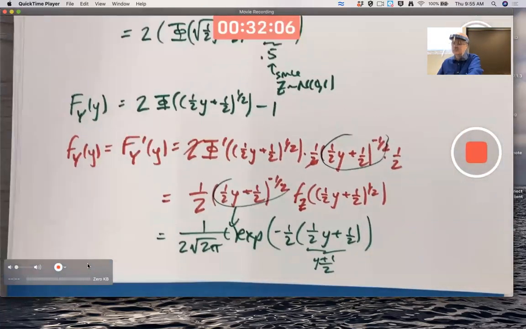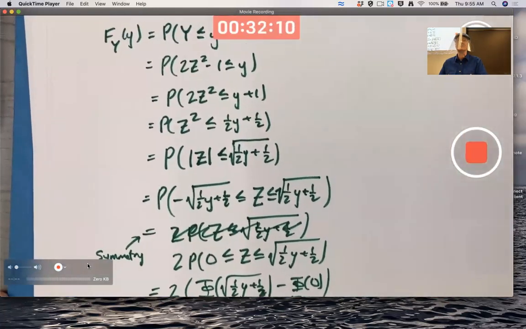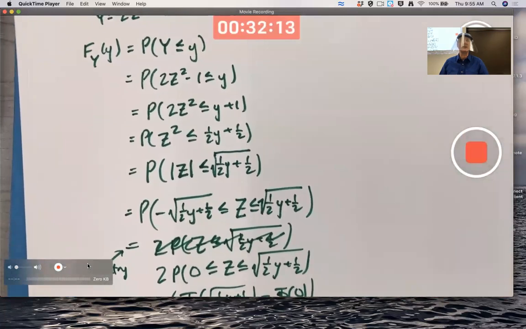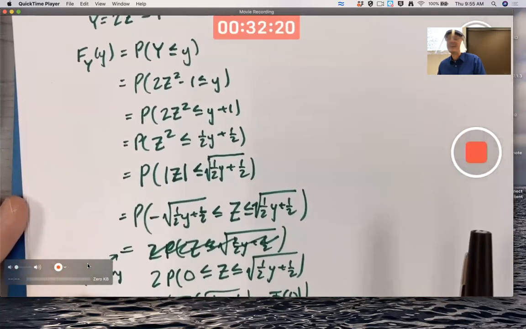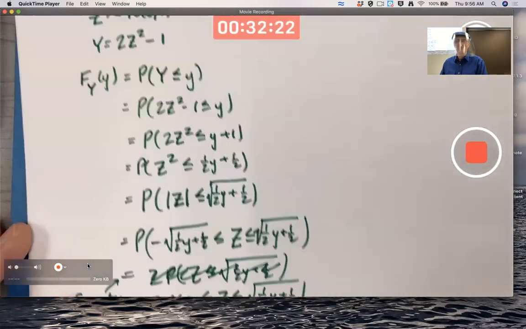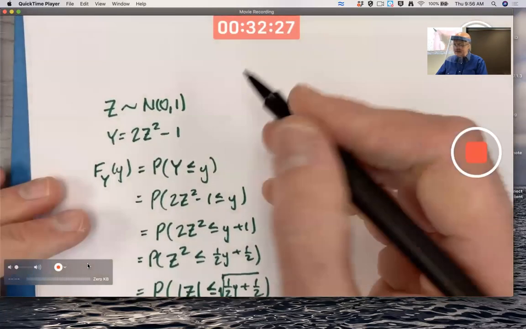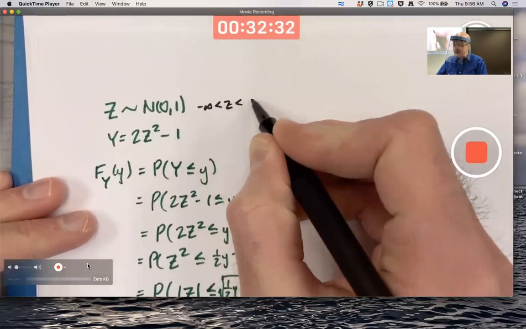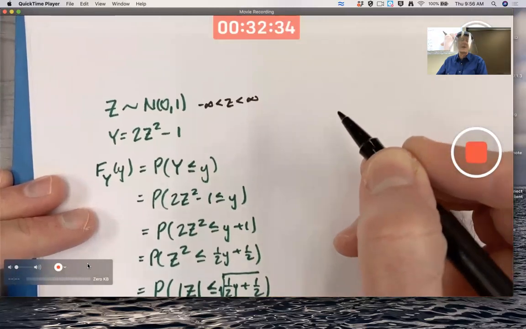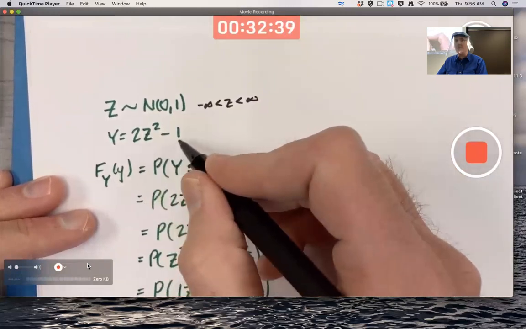Domain. Domain is important, as we're learning in this class, right? Piecewise functions, domains. You learn about it in pre-calculus. You wonder, why do I care about piecewise functions? Well, in case you take prob and stats or this class, that's why you care. And there's other applications too. You know, Z is standard normal. Values of Z, little z, could be any real number in theory. But values of Y can't, because they're values of Z squared times 2 minus 1.